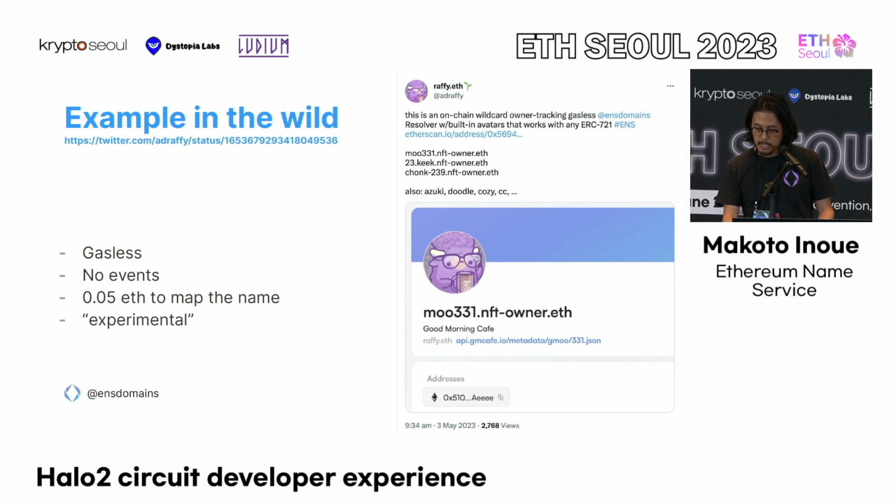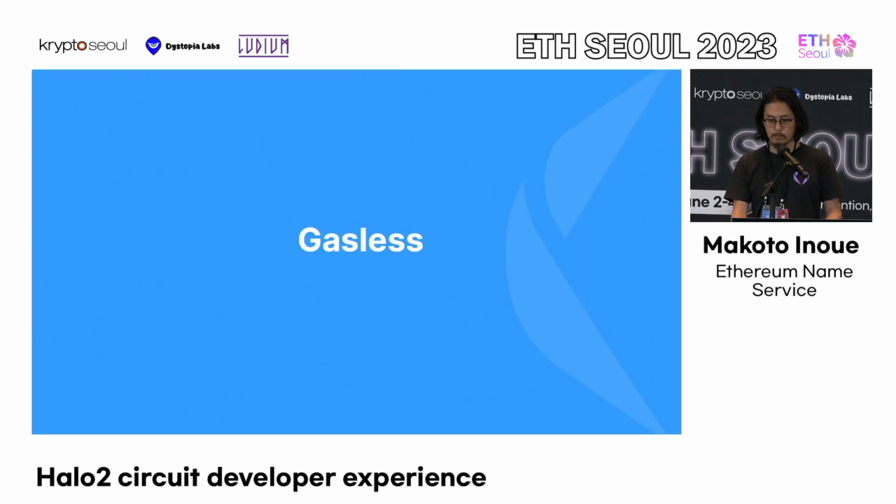For example, if you want to give a subname to a Moonbird, it says moo331.nft-owner.eth. The beauty is that it's automatically assigned, so when the owner of the parent NFT changes, it doesn't require you to pay any gas, which is an interesting model.